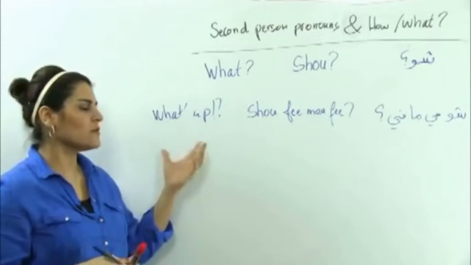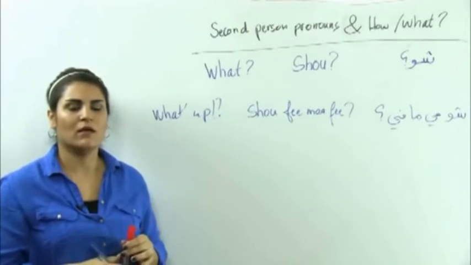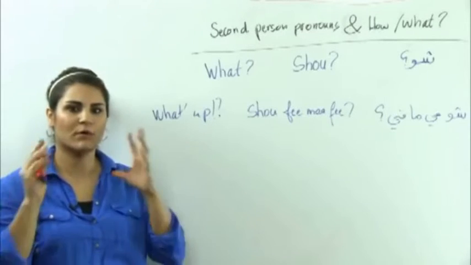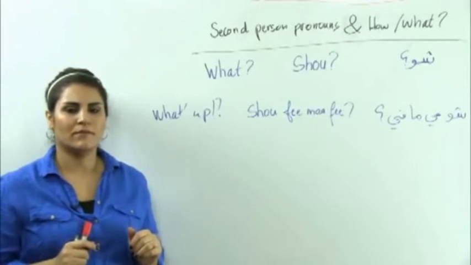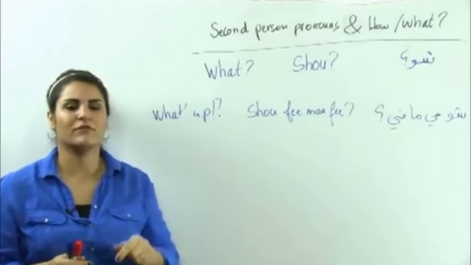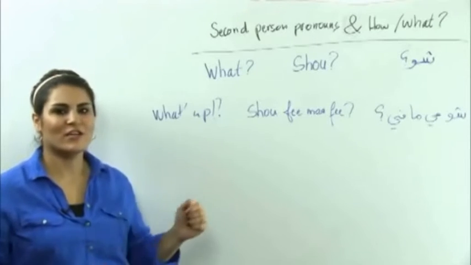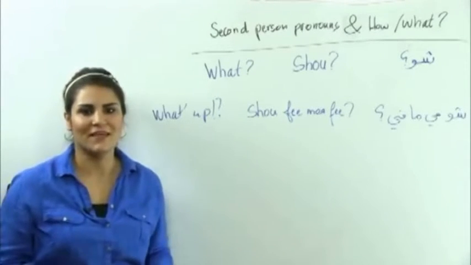What's up? What's up is the same idea as how is it going, كيف الحال. And it's a general question, not about the person, just like talking to him, like how is it going, referring to the person's life situation. And actually, if we translate شو في ما في, it's very funny.